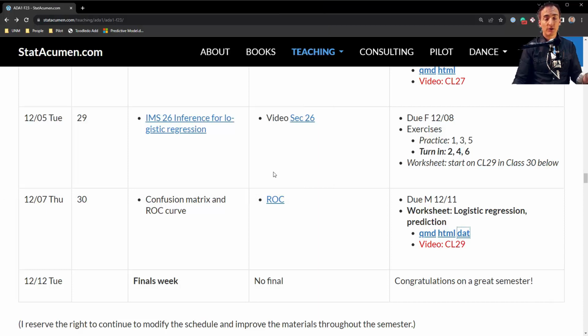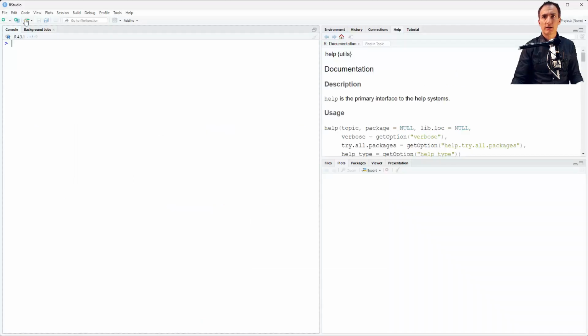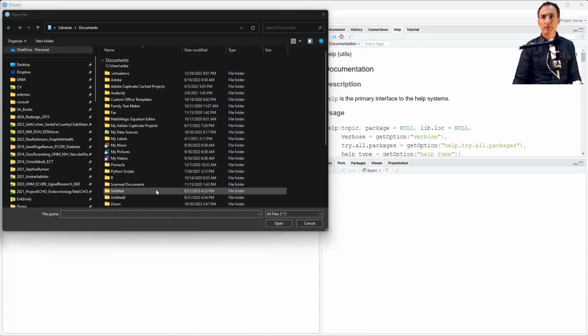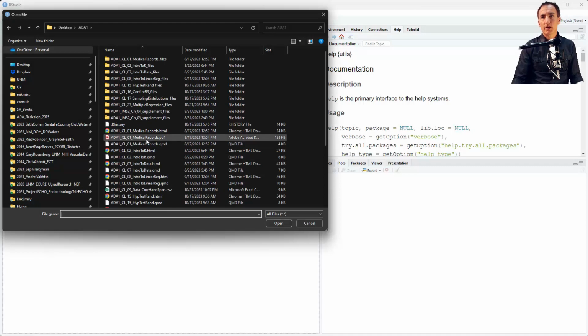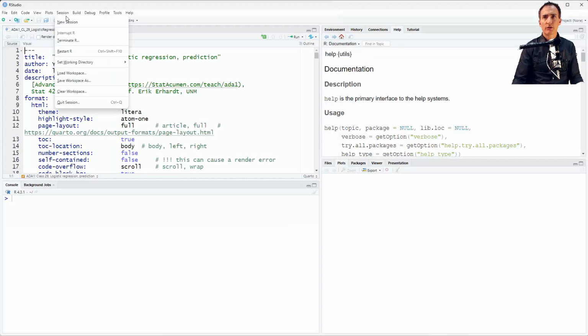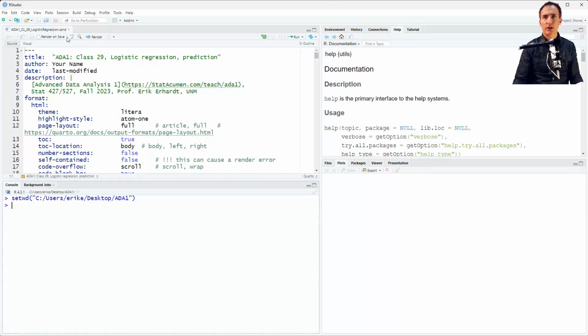So if you do have to, either override it or don't download it again, but don't let your system change the file name on you, like with a parenthesis 1 or something. All right, we need to go to that folder and choose the file and set the working directory, session, set working directory to source file location, and render it.